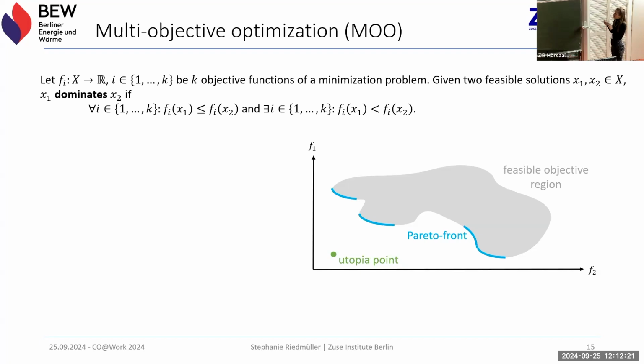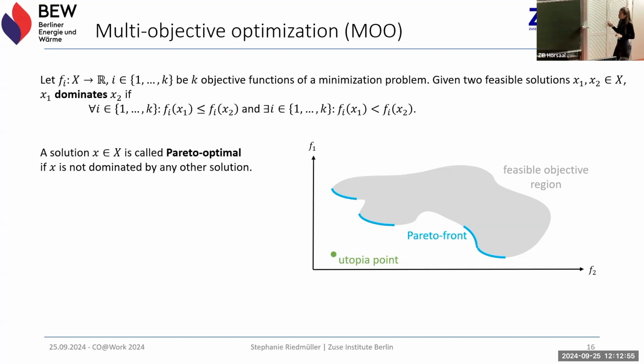If we have k different objective functions and a minimization problem, and we have two feasible solutions, x1 and x2, then x1 dominates x2 if the corresponding objective value for each of the objectives is smaller or equal for x1 than for x2, and there's at least one objective function where the value is strictly smaller.